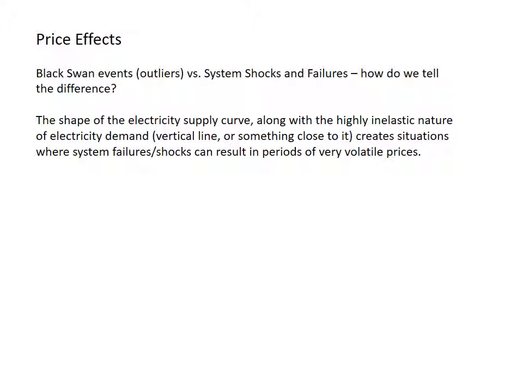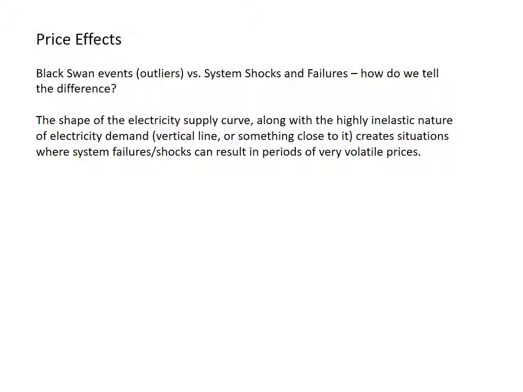So it's going to be kind of tough to tell the difference between black swan events and system shocks and failures, at least empirically, right? They tend to have the same end result, which are impacts on prices. And the main difference, again, between system shocks and failures and black swan events is that black swan events we can't really describe probabilistically, even though they may have the same mechanistic impacts on the system, right?